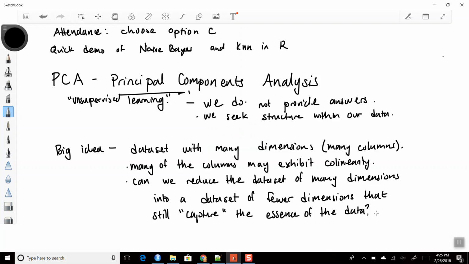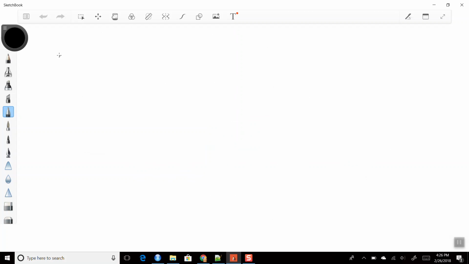So here's an example. I don't have the data on me, but in the Olympics, there are different track and field events, like decathlon and heptathlon, and I think we happen to have data from what we'll call Olympic heptathlon.